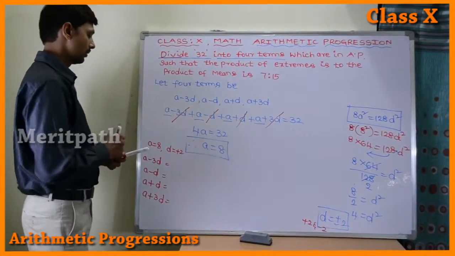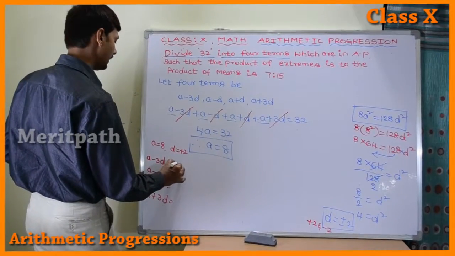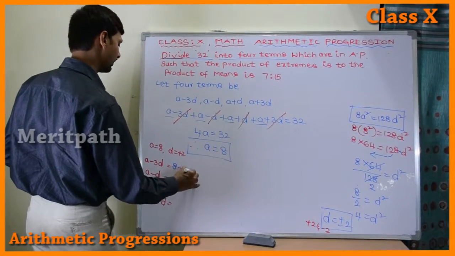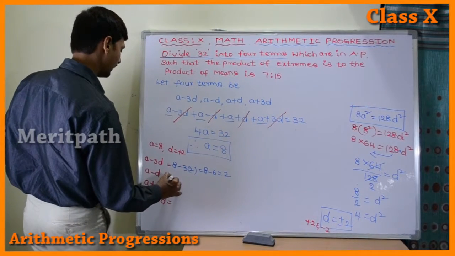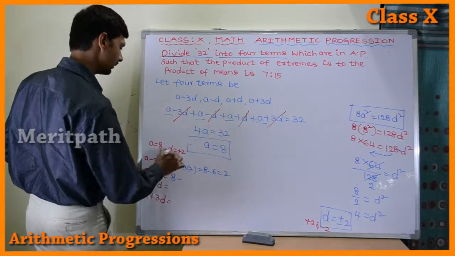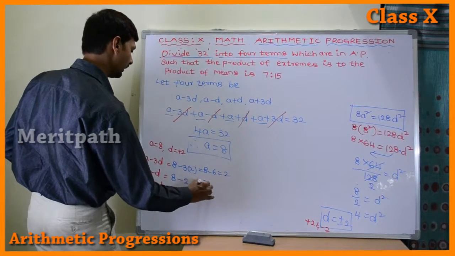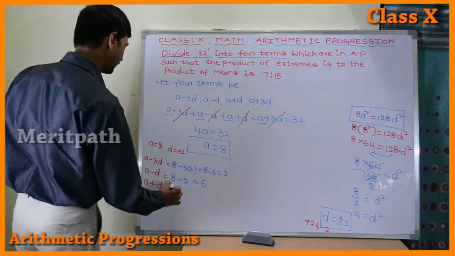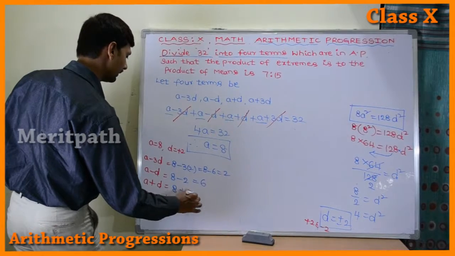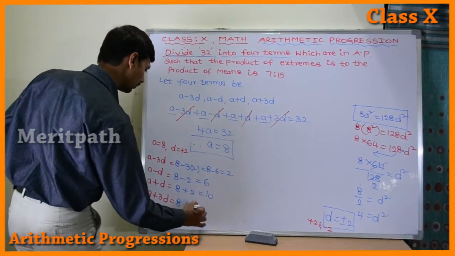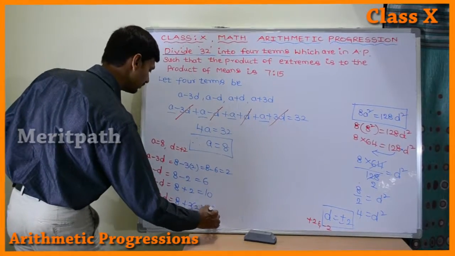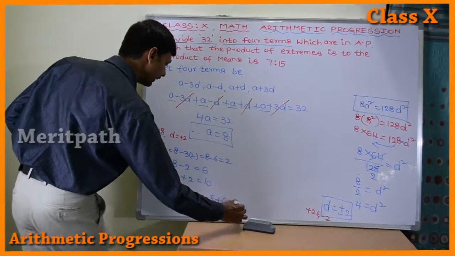When d is plus 2, then terms will be 8 minus 3 into plus 2, 8 minus 6, that is 2, and 8 minus d is 6, and then 8 plus 2, that is 10, and 8 plus 3 into 2, that is 8 plus 6, that is 14.